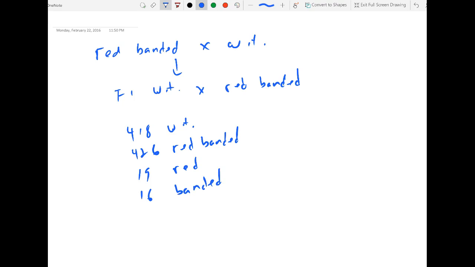Now these might be a little bit off. I don't want to go back and look precisely at what they were. I just want to take another look at this one more time, just to put in the genotypes. So red and banded, wild type. That makes this F1 heterozygous for red and banded.